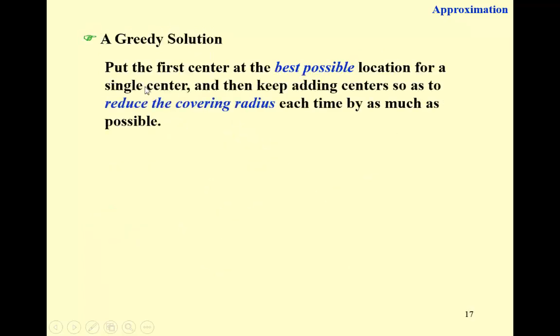So the greedy solution is to put the first center at the best possible location for a single center. So we just place the centers one by one, and each time we just be greedy and choose the best possible location. Okay, and then keep adding centers so as to reduce the covering radius each time by as much as possible, because we want to minimize this covering radius, right?